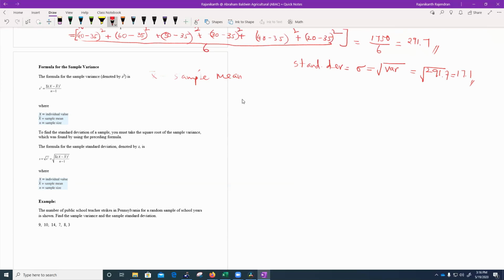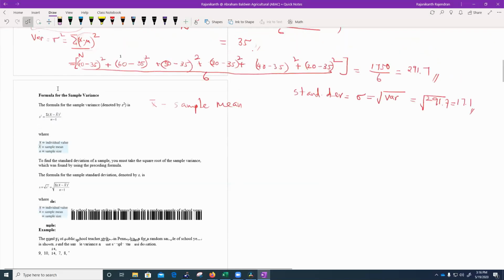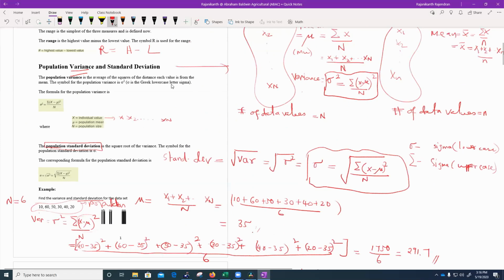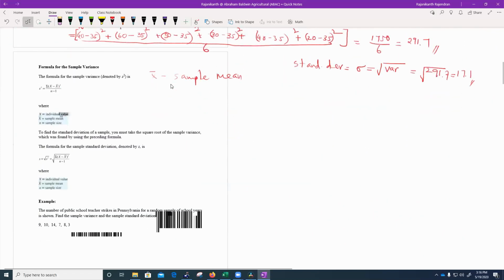So this formula is slightly different than your population variance formula. Your population variance formula had denominator n, but now instead of n, you have n minus 1. So make sure you use the correct formula.